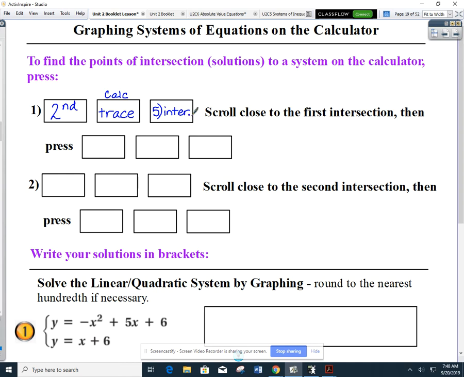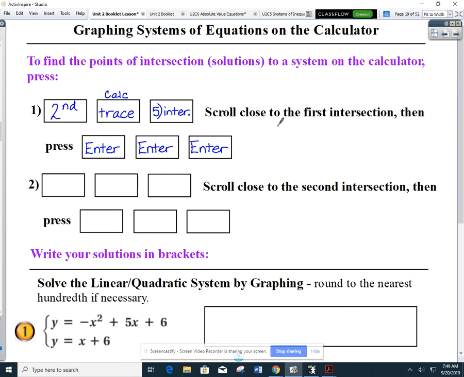Then we're going to scroll close to the first intersection. Once we get there, we're going to hit enter, enter, enter. And your calculator is going to tell us the answer, or tell us the coordinates of that intersection.